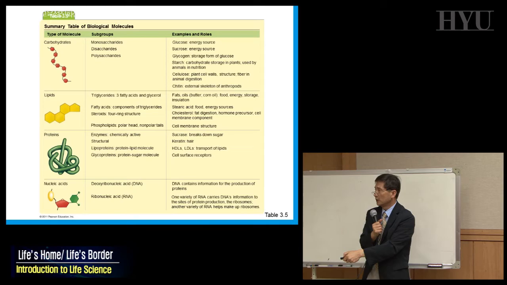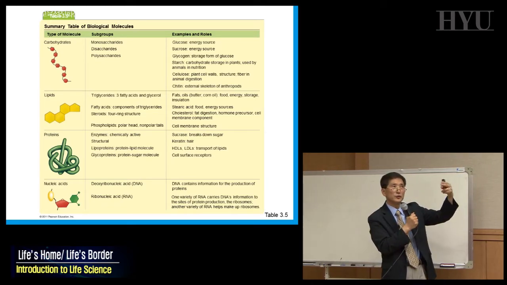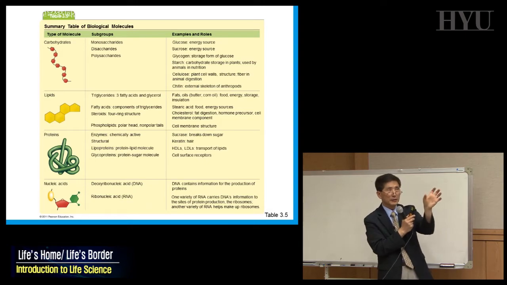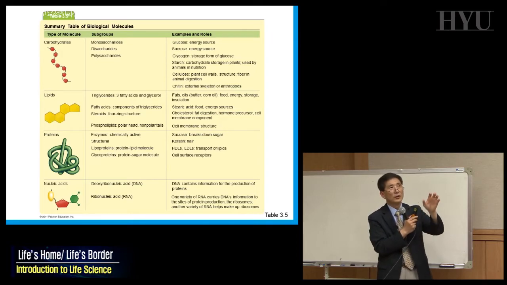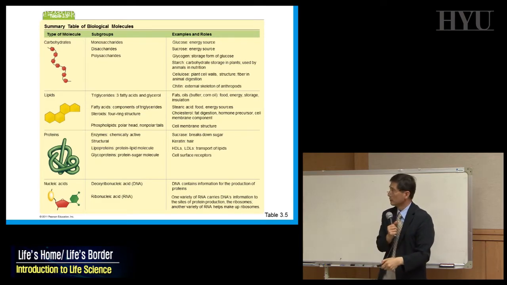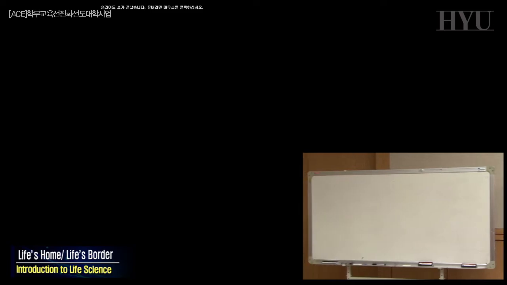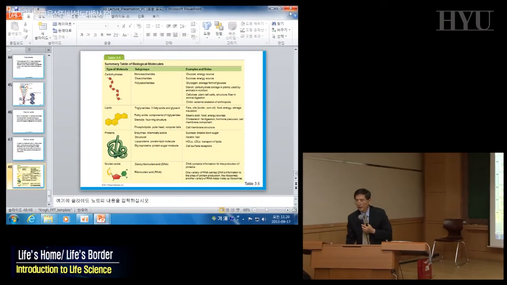There are two kinds, DNA and RNA. The difference is they use different sugars, okay? The building block of nucleic acid, we call it nucleotide, which consists of sugar, phosphate, and base, okay? Okay. Questions about nucleic acid? All right.